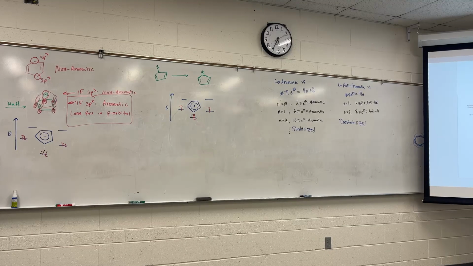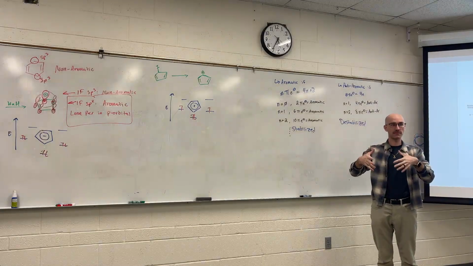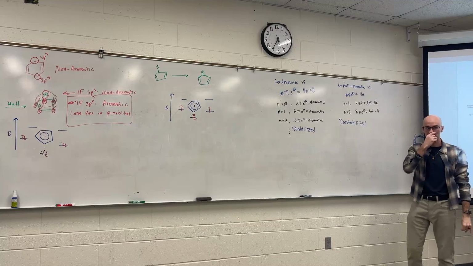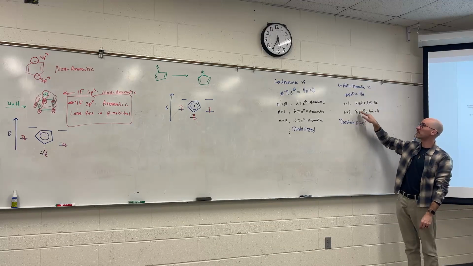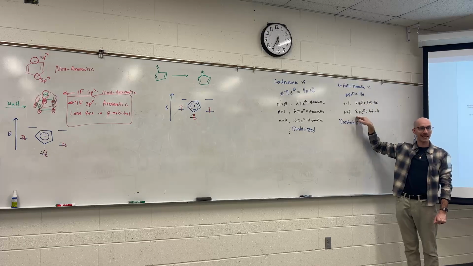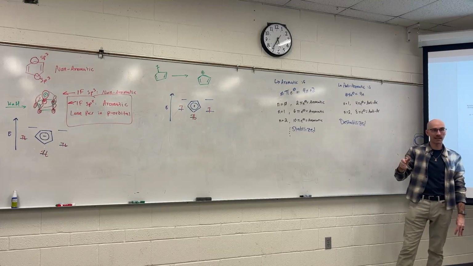So is the N in the 4N, is that just for kicks and giggles basically? It's a means to an end. It just helps us take patterns and apply them to structures. Basically, what we know is every time a structure has 4 or 8 electrons, it's anti-aromatic. Every time it has 2, 6, or 10, it's aromatic.